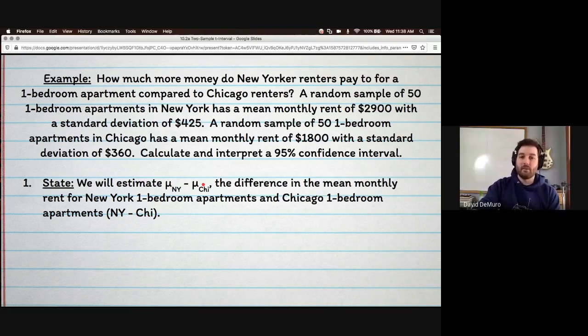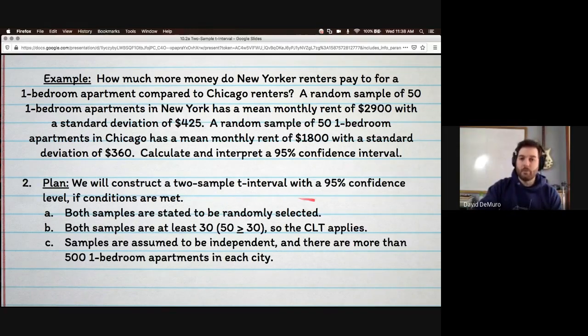So that's the difference in the mean monthly rent for the New York one-bedroom apartments and Chicago one-bedroom apartments. And we're subtracting in this order, New York minus Chicago. So if we get a positive number, we know that means that New York is more expensive on average. Negative numbers imply that Chicago apartments are more expensive on average.